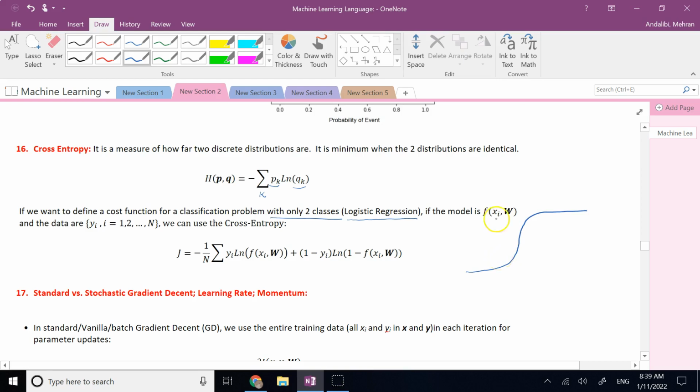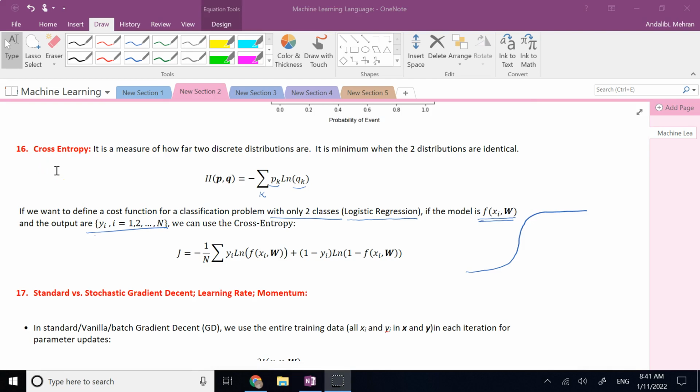If we consider our model to be f of x_i and w, where x_i are the inputs, w are the weights used in the function, and the desired outputs are y_i, can you provide a loss function, a cost function, that I can use to optimize, that tells me how good my model is, and using that I can get my optimum w's? Yes, that's where we use the cross entropy.